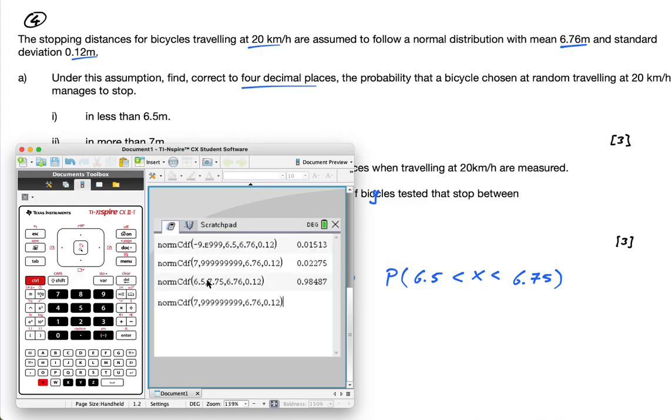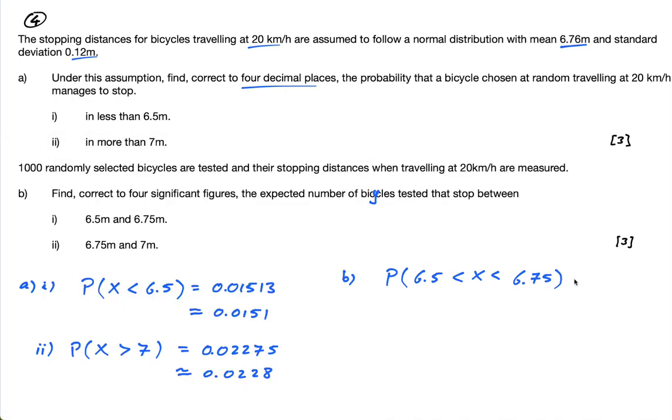I'll press paste and I'll do 6.5 and 6.75. And I get 0.451663. Find correct to 4 significant figures, right?